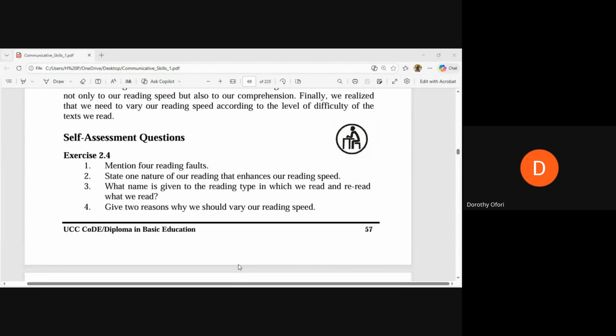So you are reading, you couldn't pronounce comprehension, so you went back to pronounce it. That is regression. And I told you, regression sometimes is not bad because some words are so big that we would not understand, and we have to go back and read. But if you are reading a passage and you've gone back to read words 10 or 5 or 15 times, then it becomes a reading fault. Is that okay?